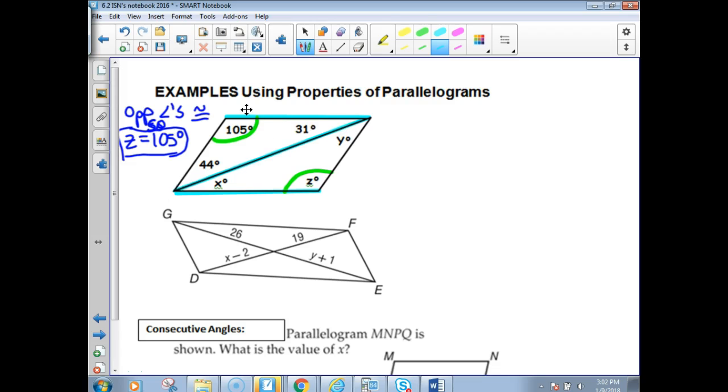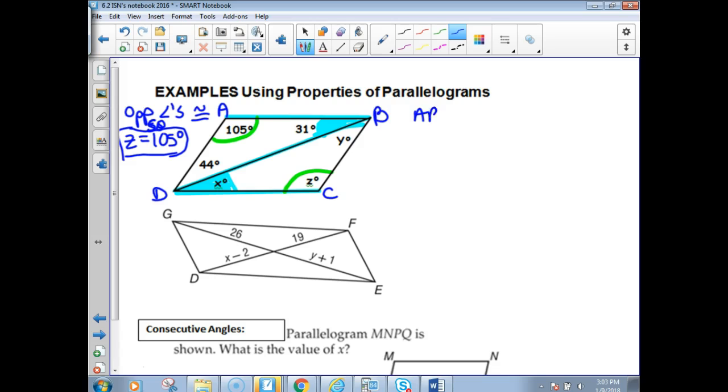Transversal. Okay. If you have that Z, then you know these angles are congruent because what kind are they? Alternate what? Interior. Okay. So we know that, and I'm going to call this again ABCD.